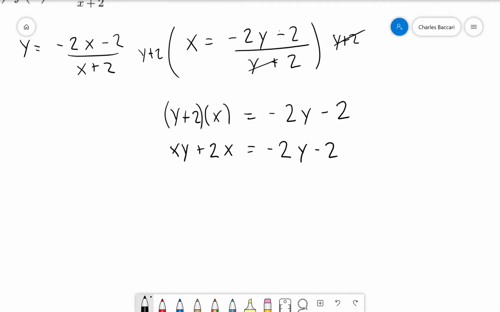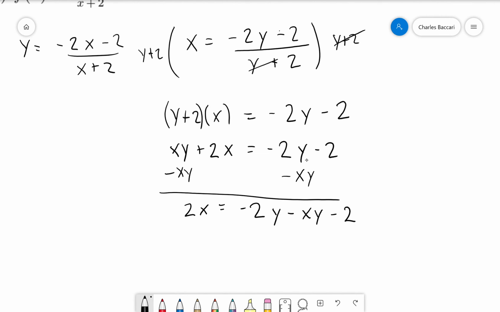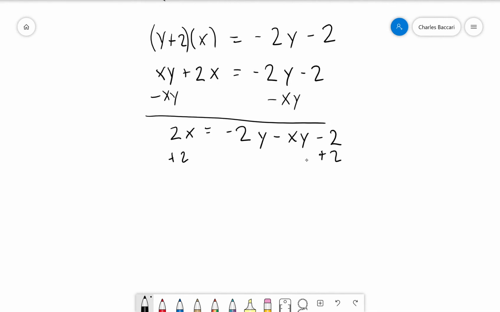Okay, let's get the y's on the same side. So we'll minus xy, minus xy. 2x is equal to negative 2y minus xy minus 2. We're going to add 2. We have 2x plus 2 is equal to negative 2y minus xy.